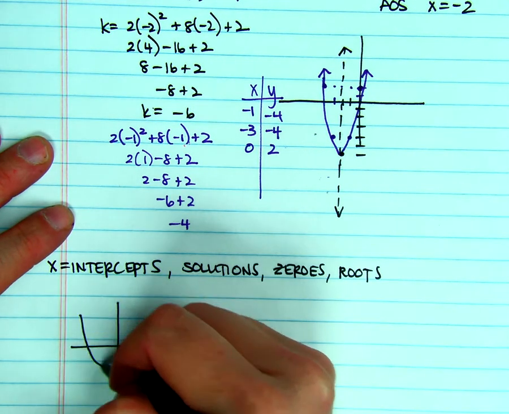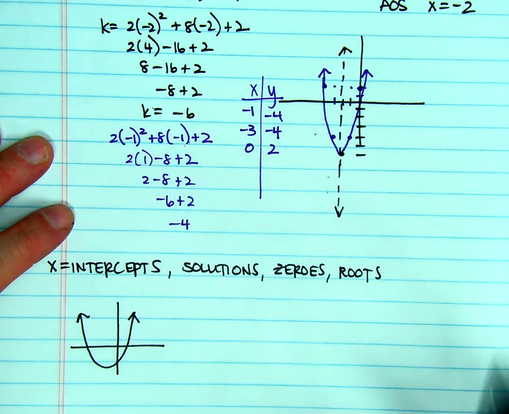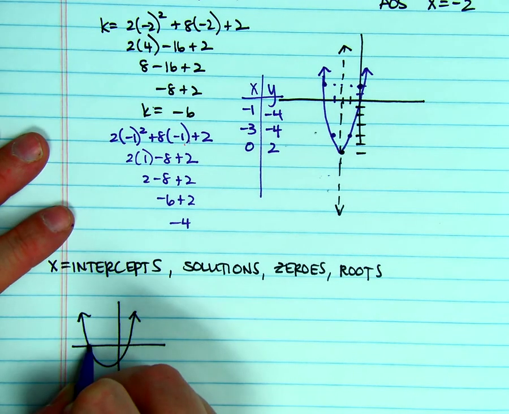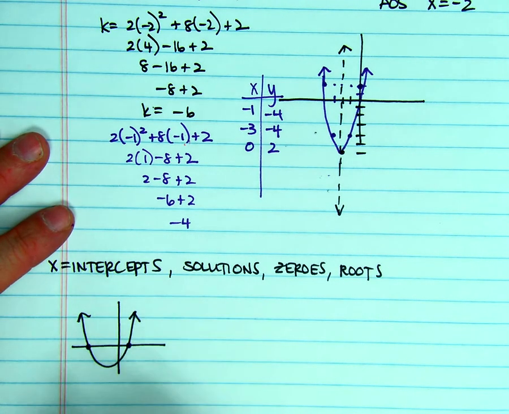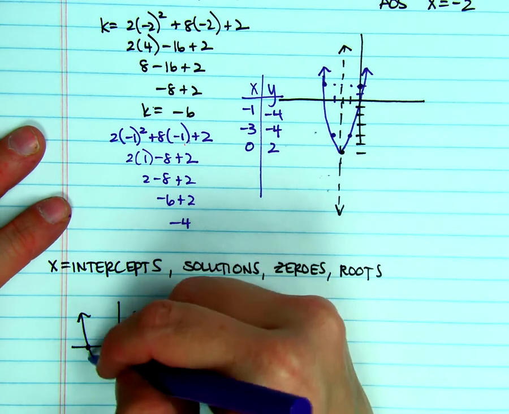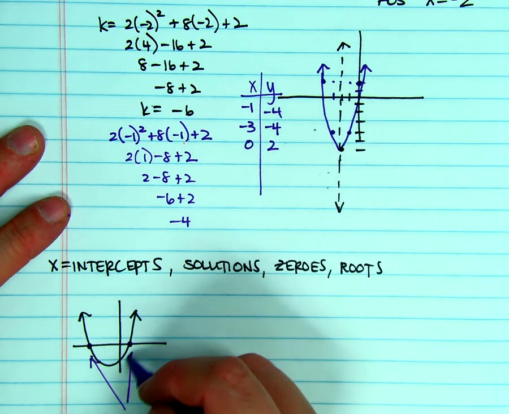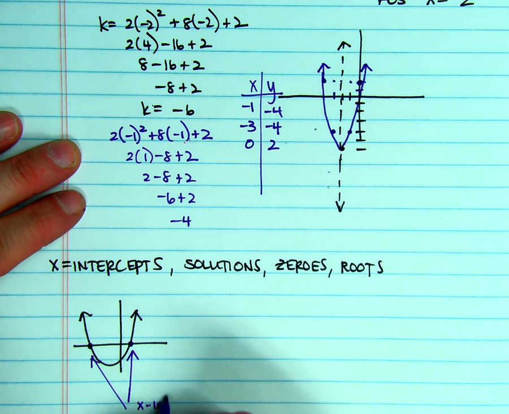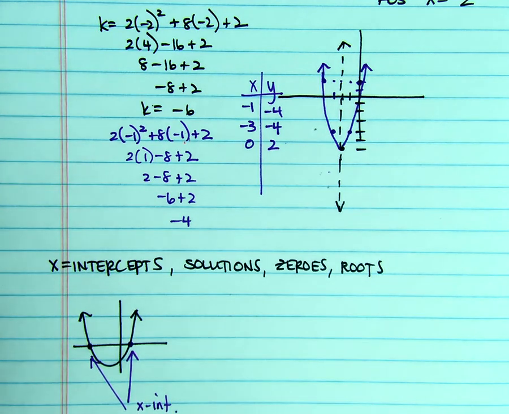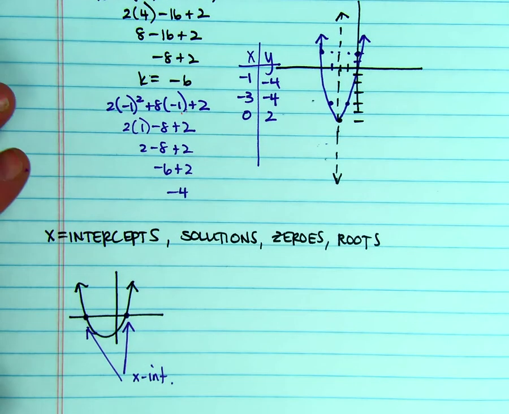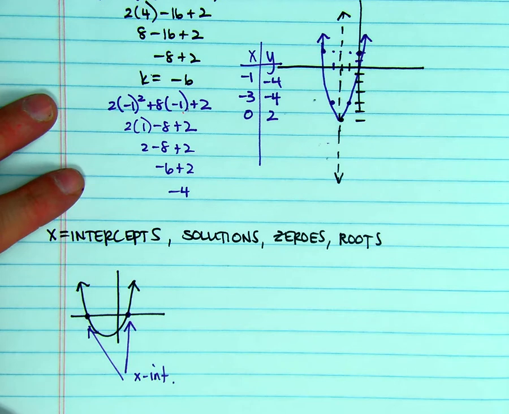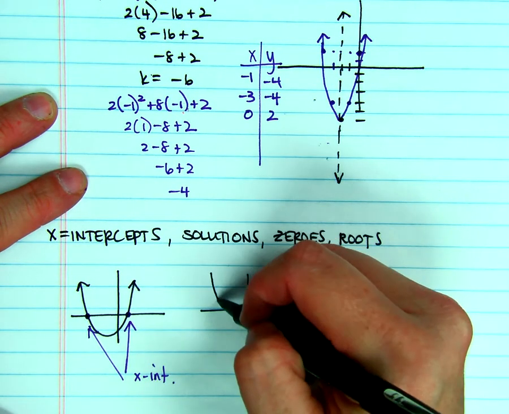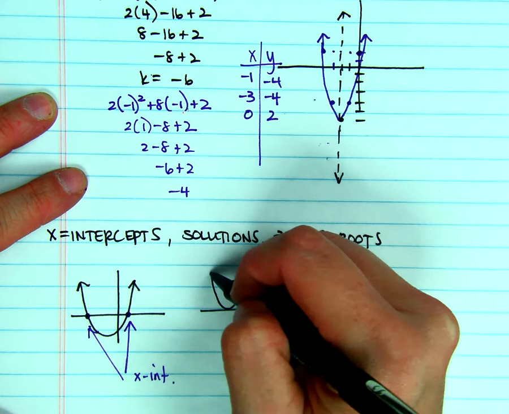If I have a parabola that looks like this, wherever it intersects the x-axis, which would be right here and right here, those would be called my intercepts or my roots. And we will find out how to determine those, because they're not always going to be nice, neat numbers. Okay, so our x-intercepts, our roots, or our zeros. You may have this scenario where your parabola just touches.